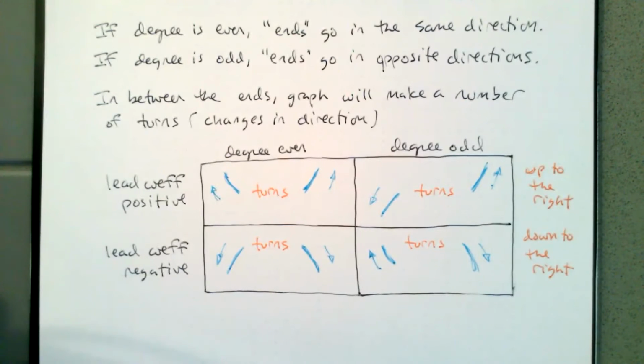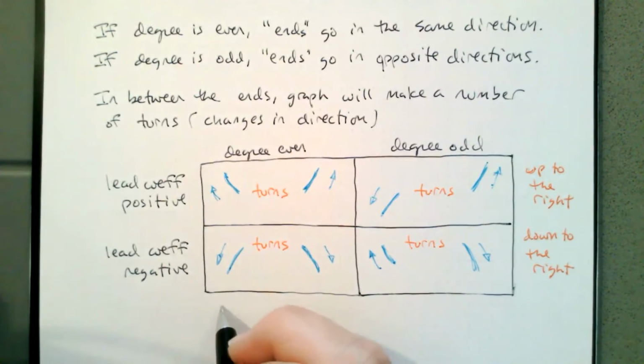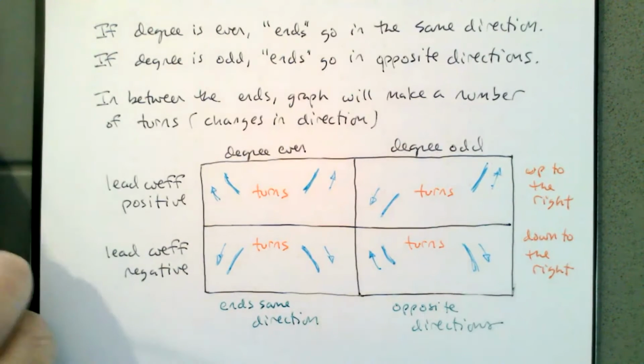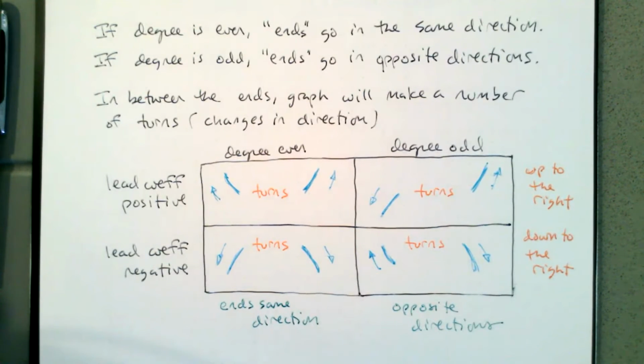The degree tells us if the ends are going in the same direction, and if the degree is odd, the ends go in opposite directions. This is all information that we can get just by looking at the leading coefficient and degree.